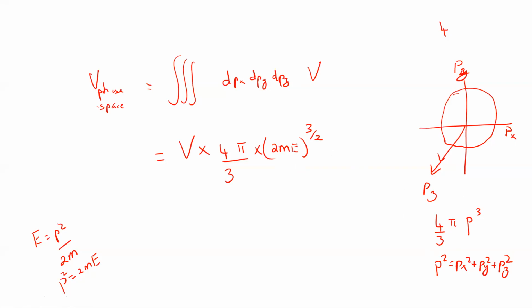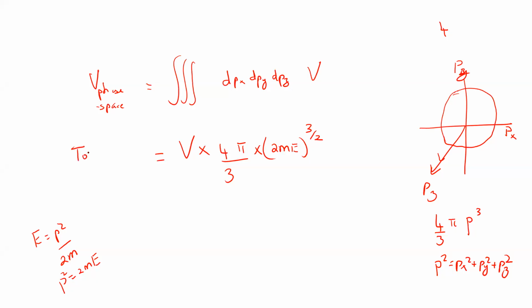Now this is the total volume of the phase space. Now, how do we find from here the number of cells?